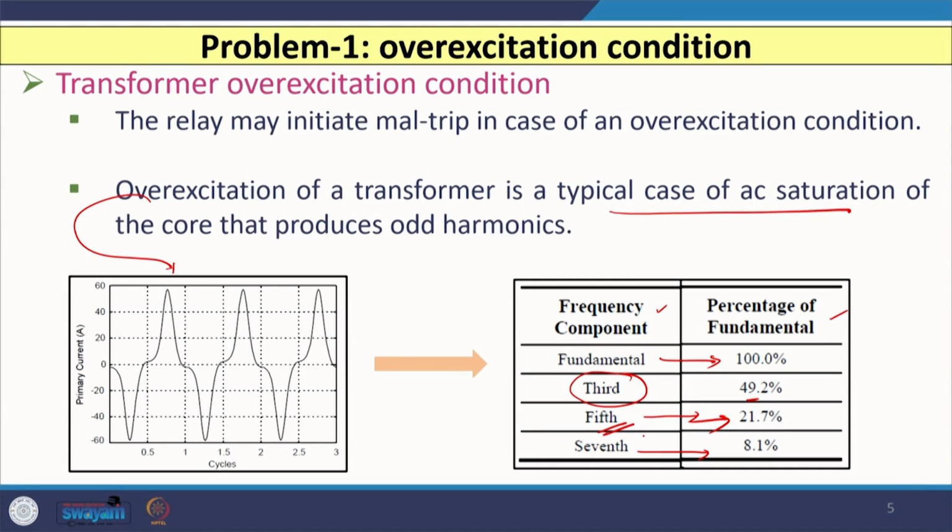So, we have to go for the fifth harmonic. Most manufacturers provide the overexcitation blocking condition with the help of fifth harmonic content. If this content exceeds some threshold value, then the blocking command is initiated and the relay should not trip, because this is not a fault condition, but an overexcited condition of the transformer.